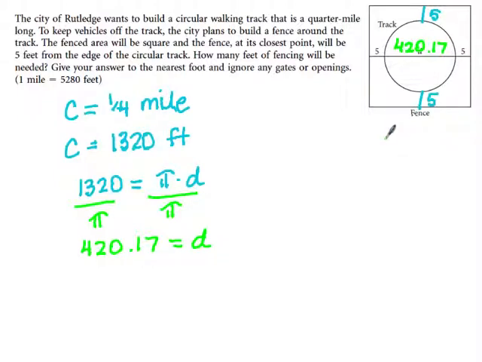The side of this fence? 430.17. And if it's a square, what do you know about all the sides? All the sides are the same. So each side needs to be 430.17. And actually, they want it to the nearest foot, so let's just go with 430 feet. So each side needs to be 430 feet. Okay? So what's the total amount of fencing I'm going to need? 1,720 feet.